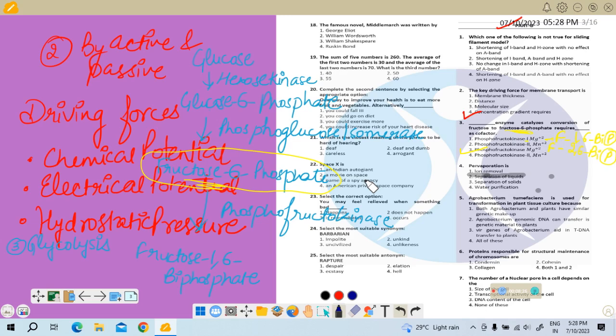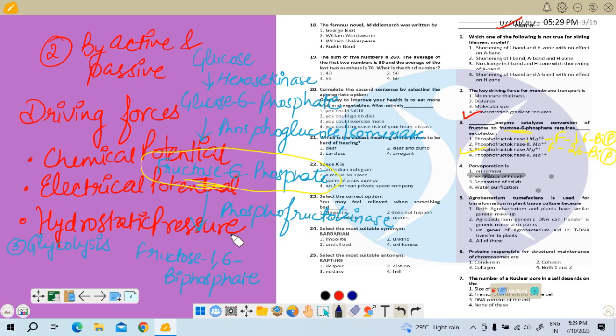So pervaporation is ion removal, separation of liquids, separation of solids, or water purification. Pervaporation is a membrane separation process in which the upstream side of the membrane is in contact with feed liquid while a vacuum is applied on the downstream side of the membrane. This is just an idea.